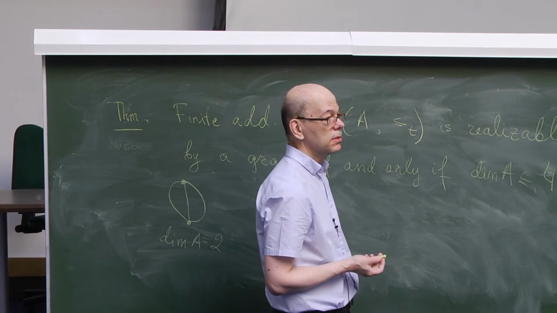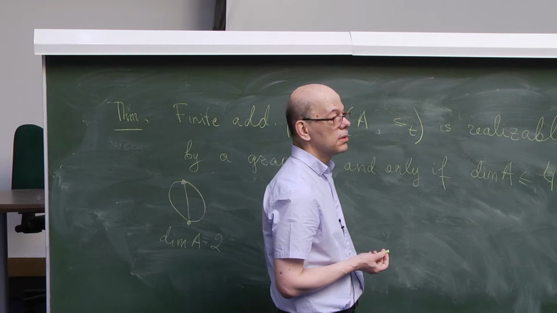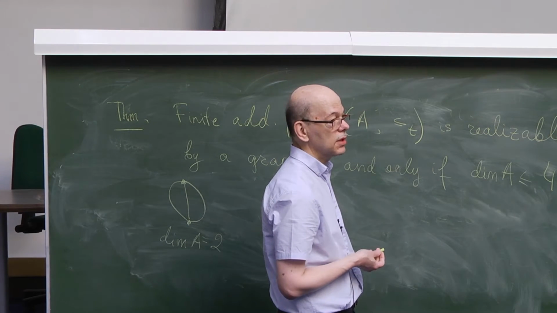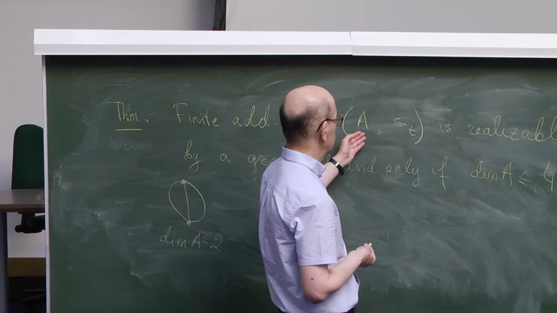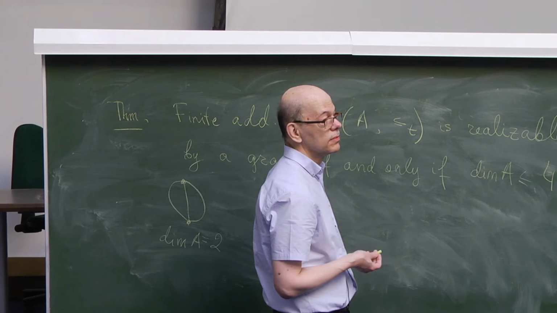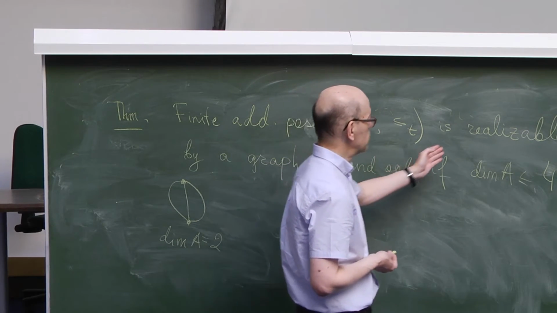That's the statement. But what happens if you take a graph with an H1 of dimension 27? Then it is not realized. There is no such graph with this additive poset. What does it mean realizable?